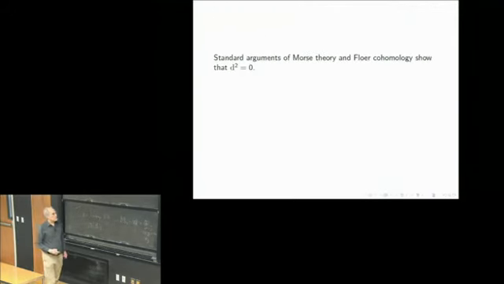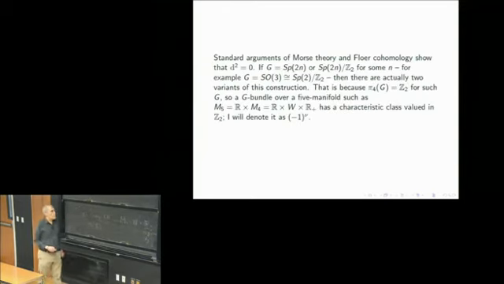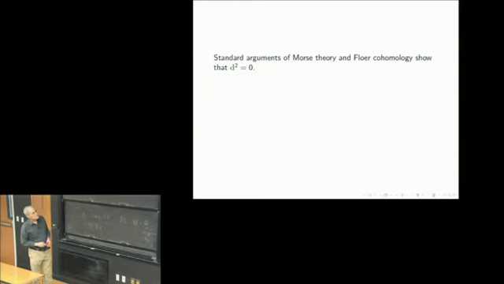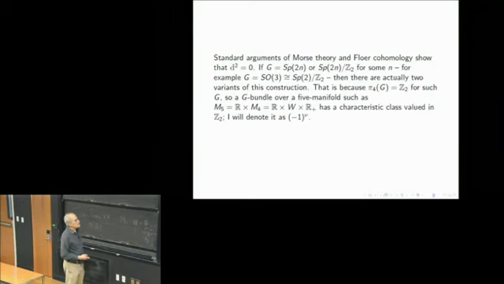Standard arguments of Morse theory and Floer cohomology show that d squared is 0. They show this somewhat formally. From a mathematical point of view, there are analytic details that aren't all straightened out, and when I tell you about the boundary conditions, that will aim at helping you understand better what the problem would be.